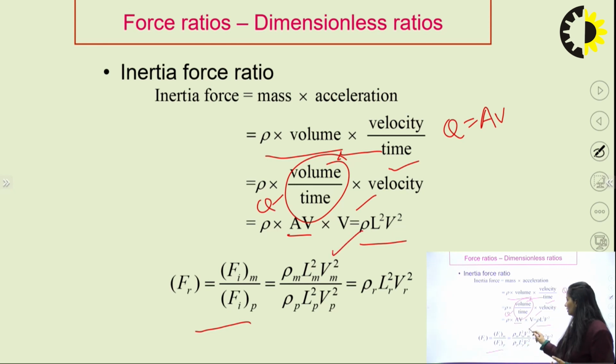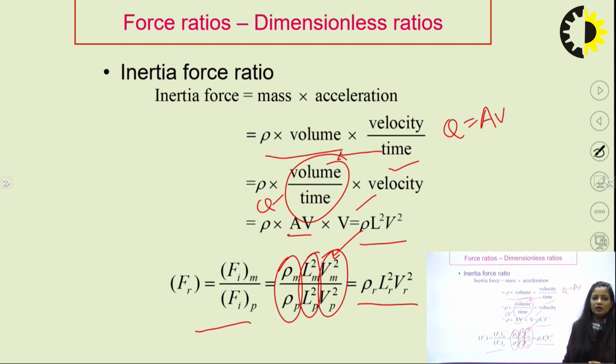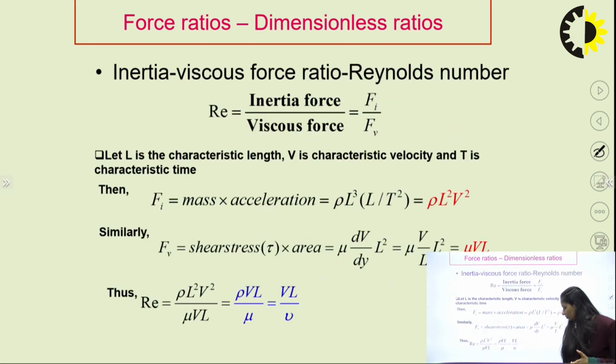We just need to write the equation in this form: rho m Lm square Vm square divided by rho p Lp square Vp square, equal to rho r Lr square and Vr square. So here you can write Fr in this form.